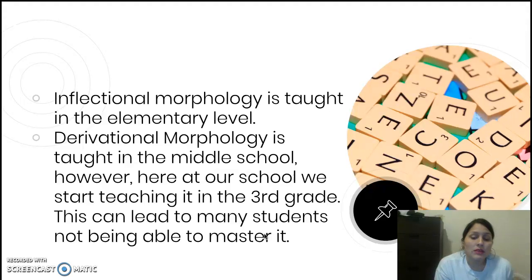Like I said before, inflectional morphology is just usually adding the -ed or the -ing, the -en, the -s, the -es, and we usually start teaching that in kindergarten and first grade, when we're trying to teach the verb tenses. And then derivational morphology is usually taught in middle school.